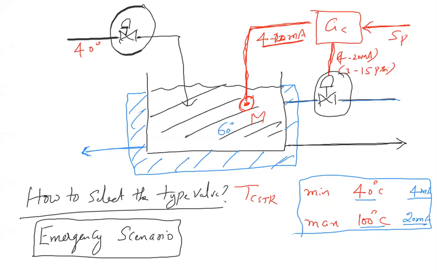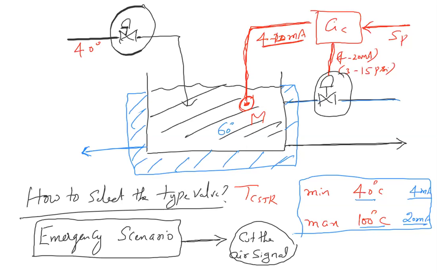If there is an emergency, what you will do simply is cut the air signal. Then when you cut the air signal, all the valves will not receive any air.